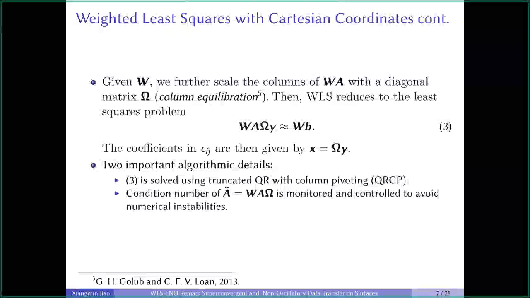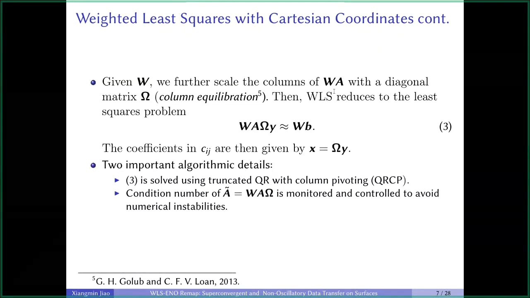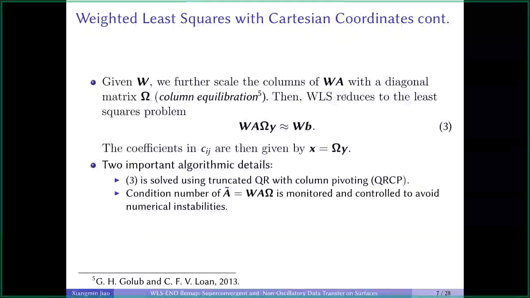Okay, so given the weights, we have W times A, this matrix. This system in general can be ill-conditioned, and to resolve that, we first apply equilibration on the right of A, by doing column scaling, and then solve it.